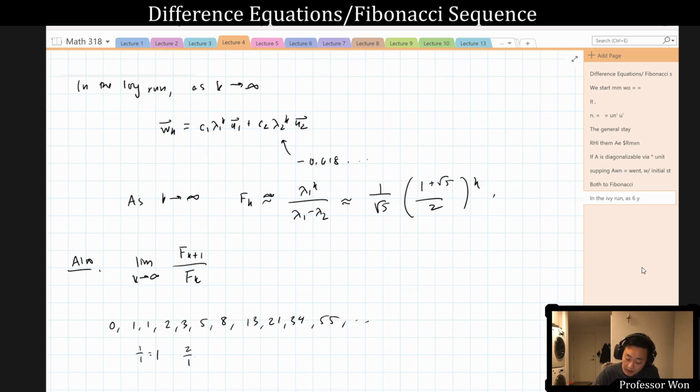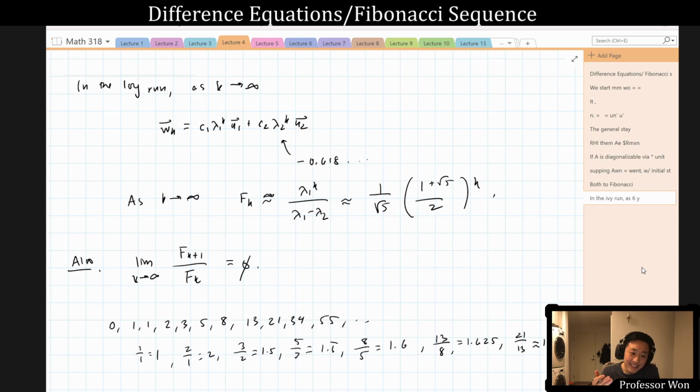Then 2 over 1, that's 2. 3 over 2, that's 1.5. 5 over 3, that's like 1.666. 8 over 5, that's 1.6. 13 over 8 is 1.625. And then 21 over 13 is approximately 1.6 something. Somehow the ratio of the Fibonacci numbers seems like it's tending to something. And it turns out that it tends to the golden ratio.